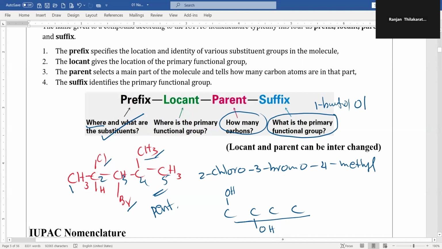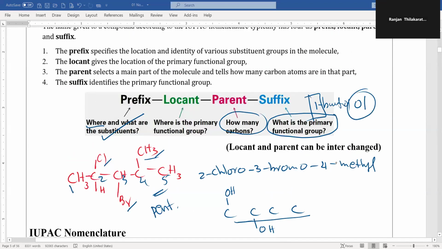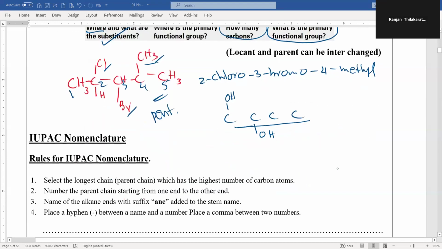That means we have an organic compound having 4 carbons, and the functional group is an alcohol, attached to the first carbon in the chain. That's how you get the name. Those are the basic rules you need to know in naming compounds.